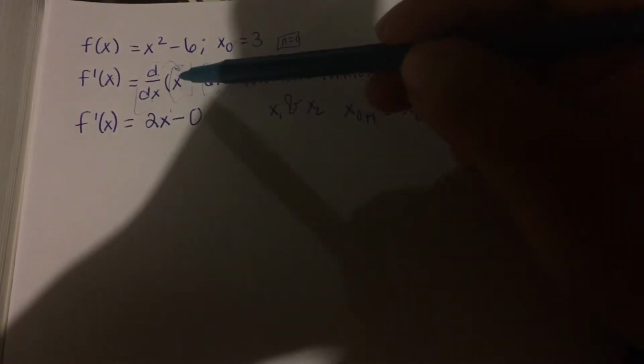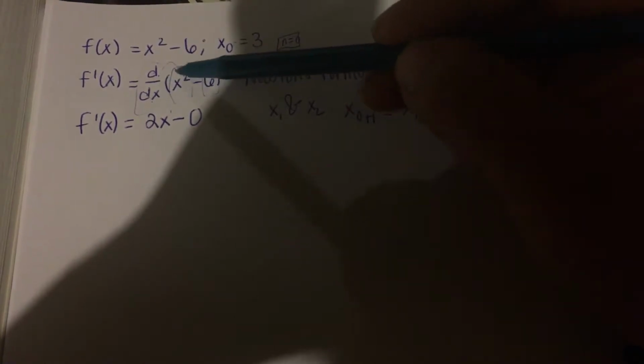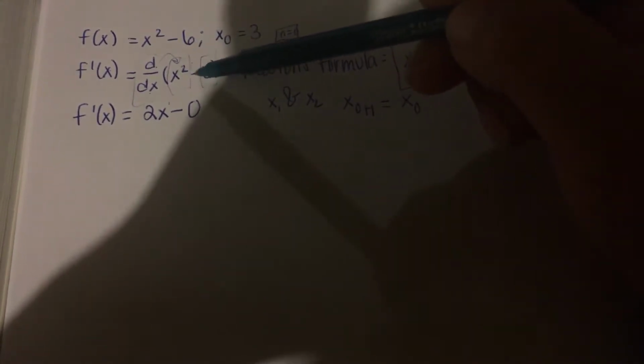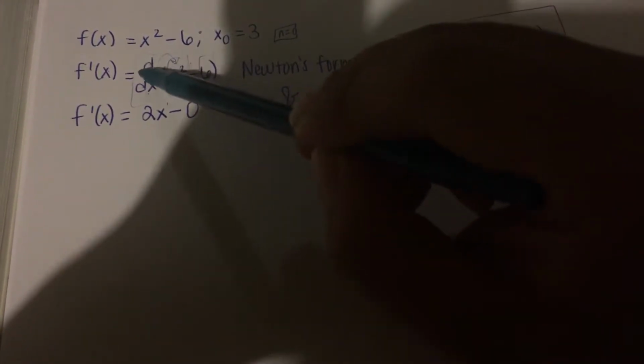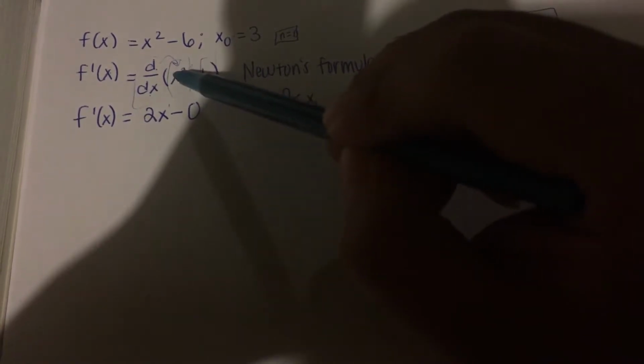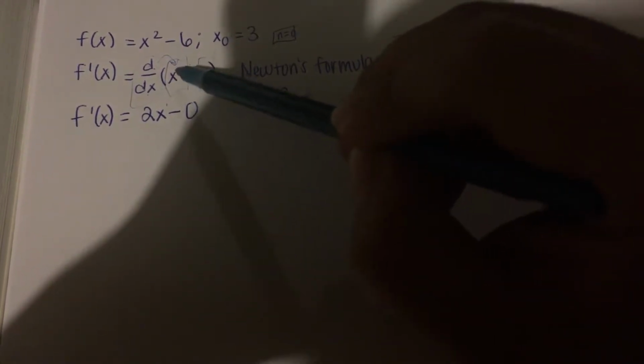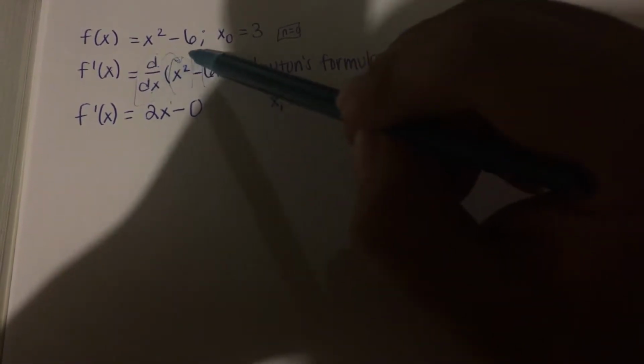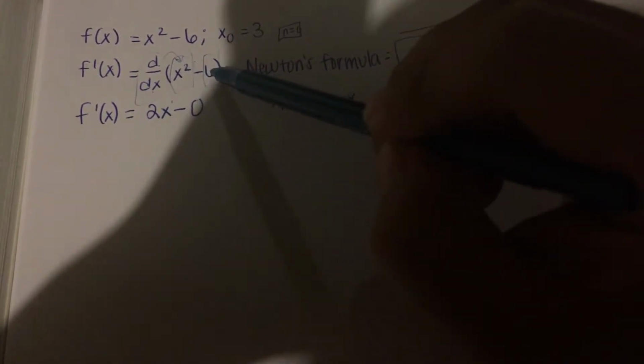When we do the subtraction, it's going to be simple because all we have to do is take the derivative of each term. The derivative of x squared is 2x. Then we take the derivative of 6.